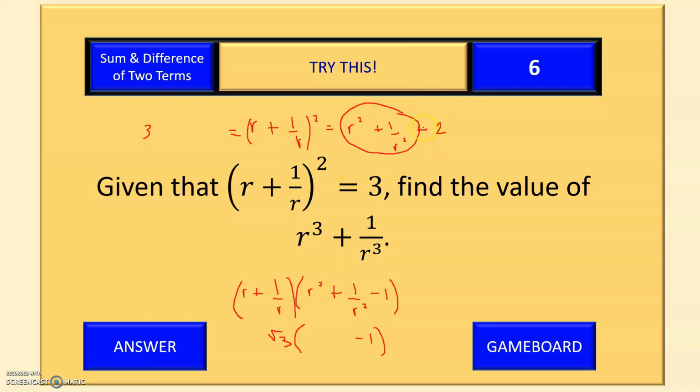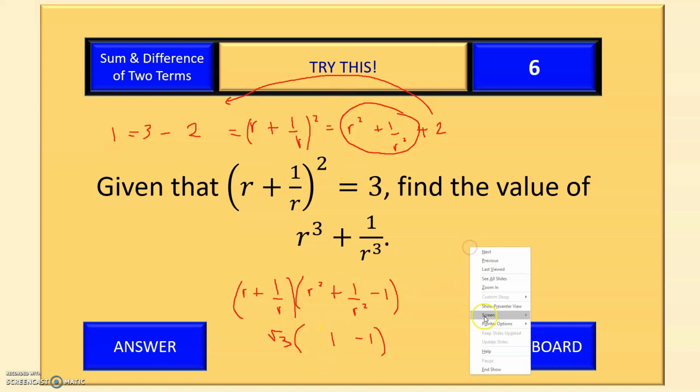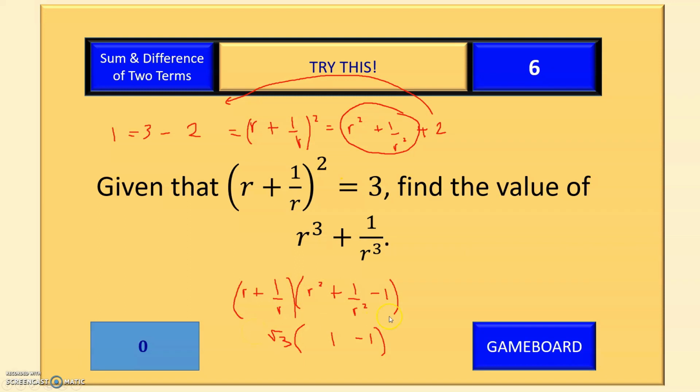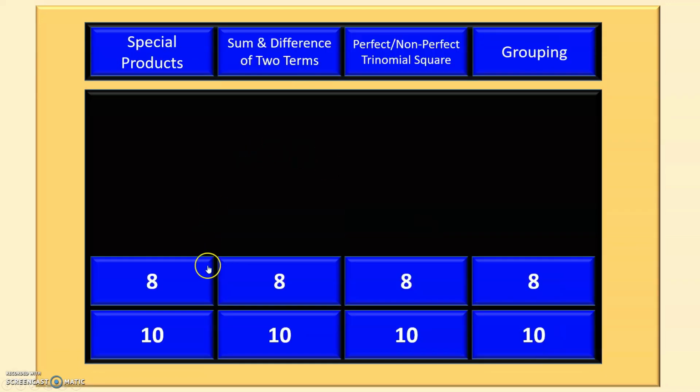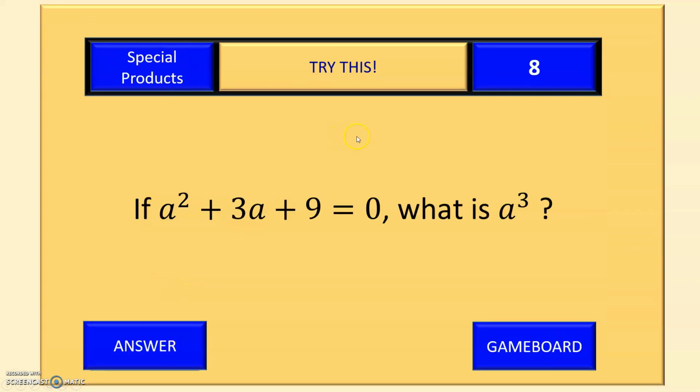So notice, this is positive 2. So if I'm going to transpose it on the left side, that will be 3 minus 2, which is clearly equal to 1. Meaning to say, r squared plus 1 over r squared is actually equal to 1. Therefore, the product is actually equal to 0. See that?